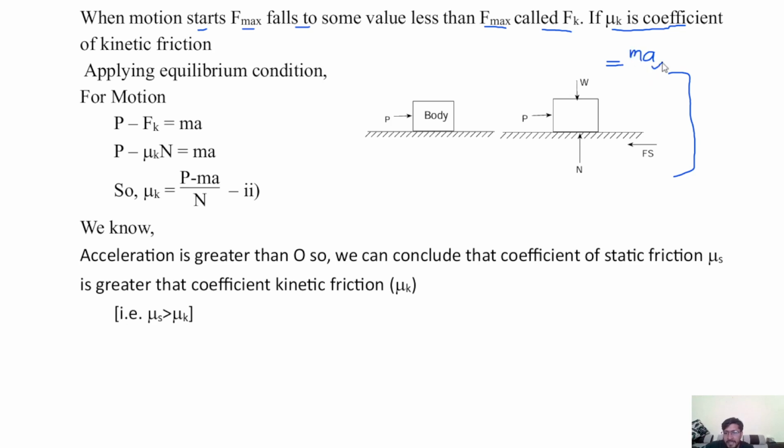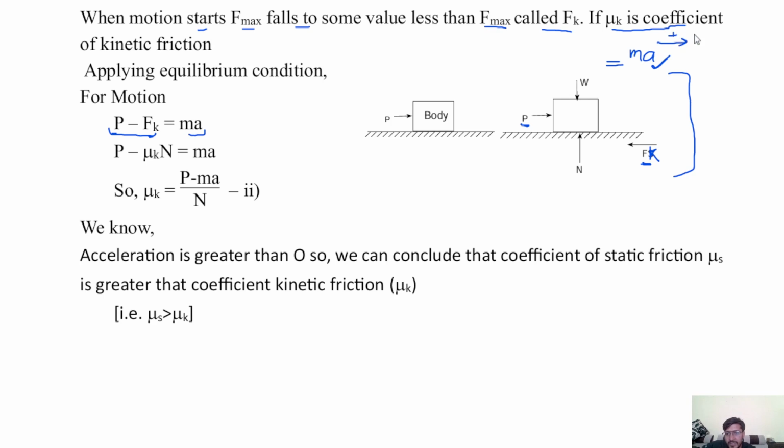Ma is the acceleration produced by this applied force P. So in motion condition, P is in rightward direction, and this is the kinetic friction Fk in opposite direction to applied force, minus Fk, and is equal to Ma, means there is acceleration in rightward direction.